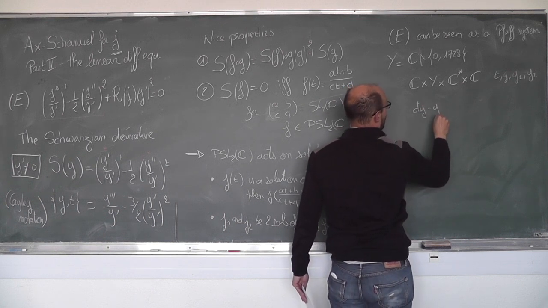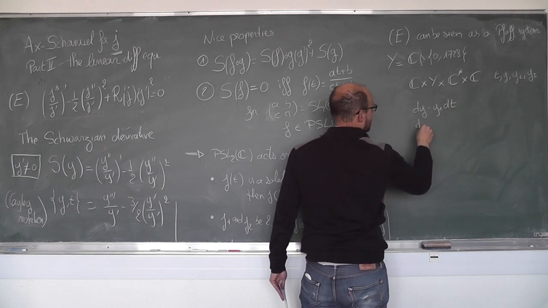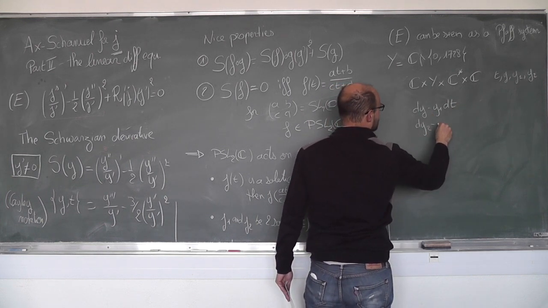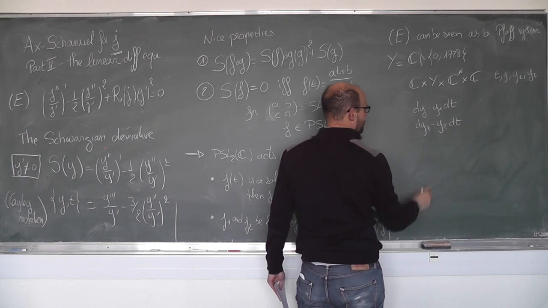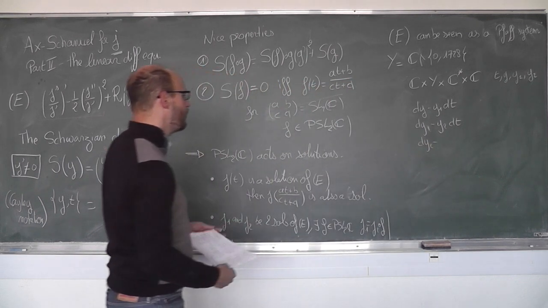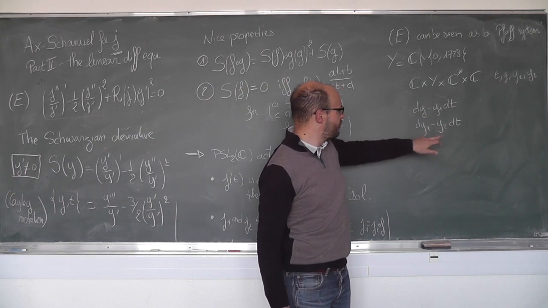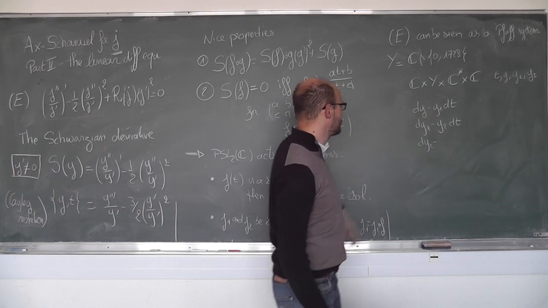And the Pfaff system is this: dy minus y1 dt, dy1 minus y2 dt, and dy2 minus, and here you put what you want in order to have the interpretation that this is a first derivative of y, this is a second derivative, this is a third derivative.